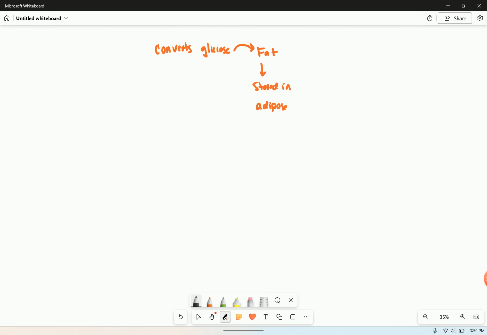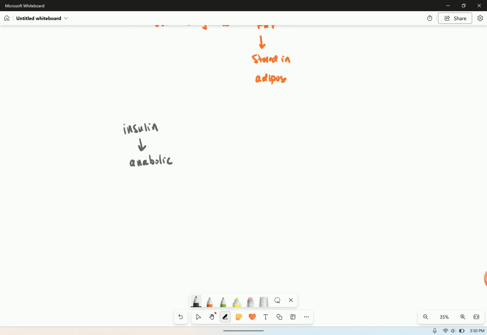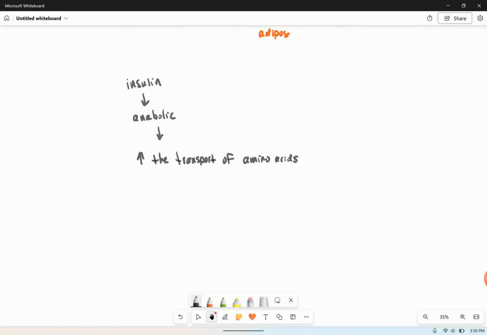Insulin is also anabolic. And the way it's anabolic is it increases the transport of amino acids, which is the end product of the breakdown of protein.